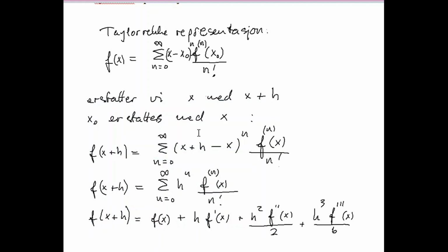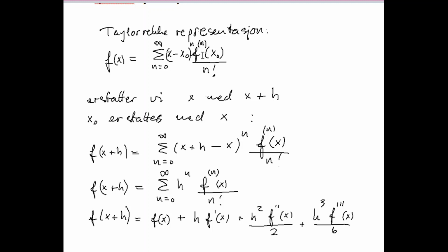Let's recall that a sufficiently smooth function f of x can be represented by a Taylor series in the following way. We can develop it around the point x0, and this means the nth derivative of f at this point x0.